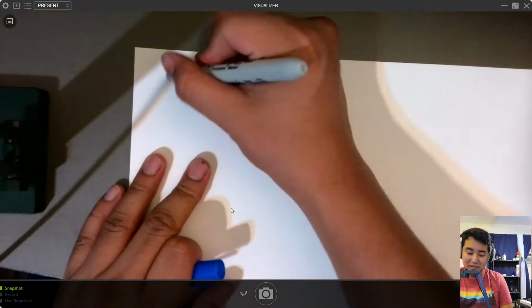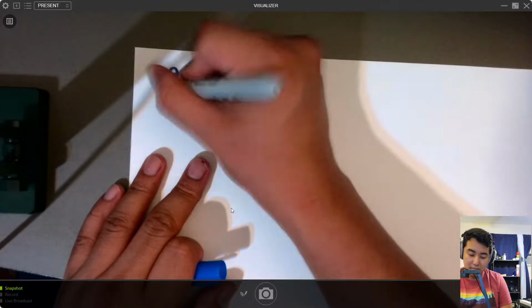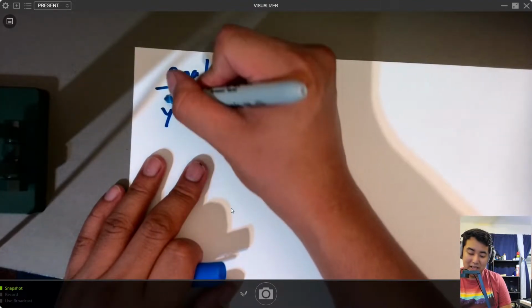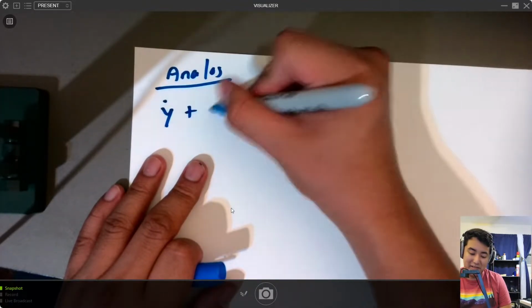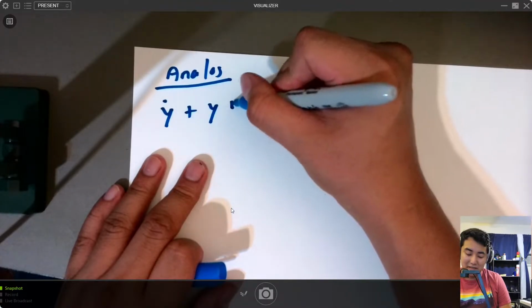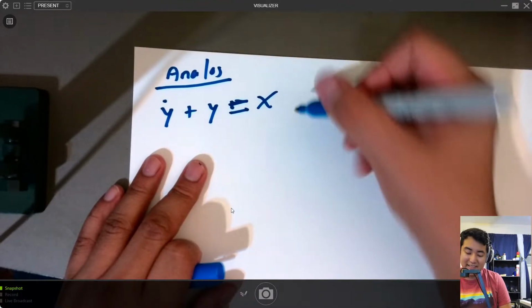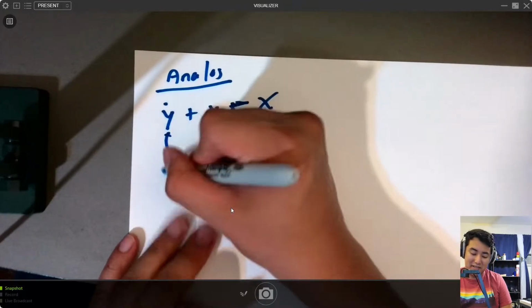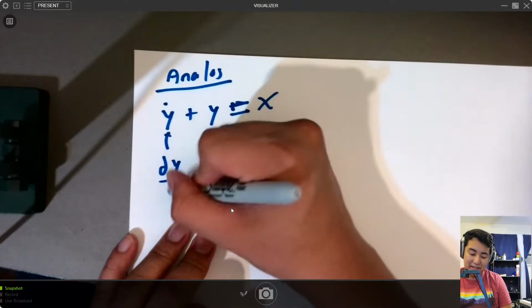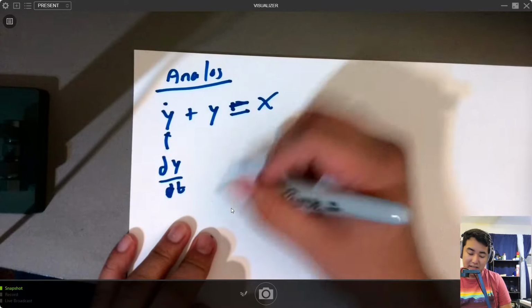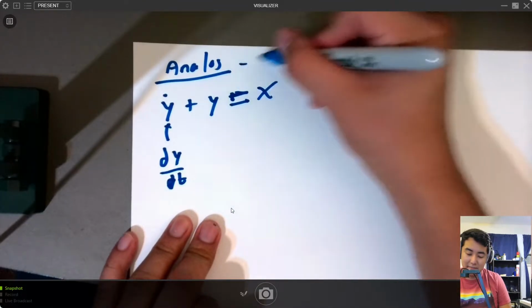So analog, we have y dot plus y is equal to x, right? Where this y dot is equal to dy/dt. And these are differential equations.